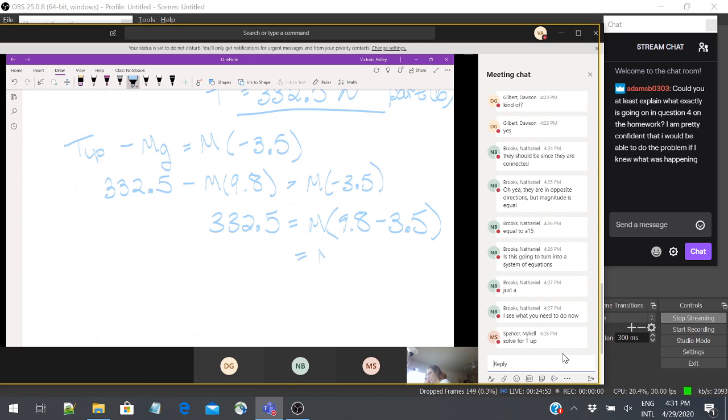So this is m times 6.3 meters per second squared. 332.5 divided by 6.3, and I get 52.8 kilograms, which makes sense. I hoped it would be bigger than 25, and it is bigger than 25.